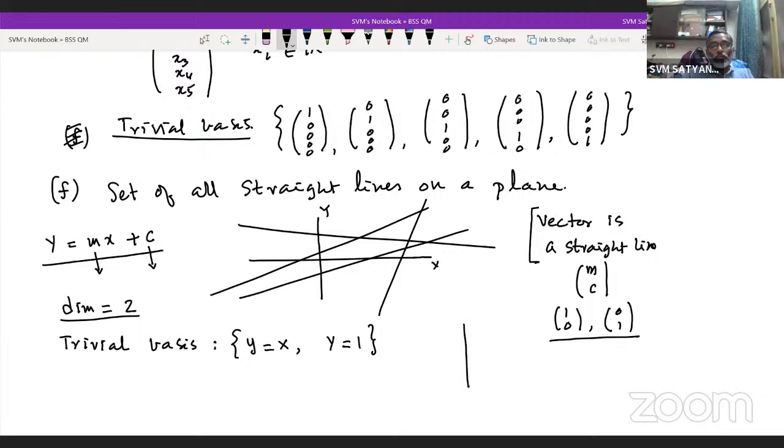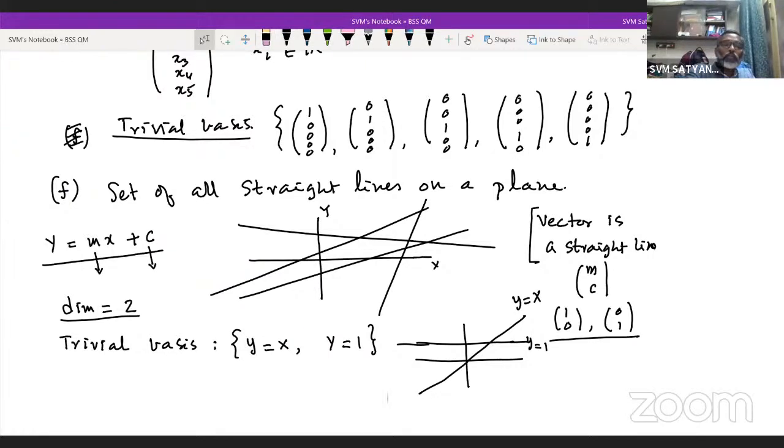If you have the xy plane, this is one line, y equal to 1, and this is another line, y is equal to x. So any other line can be written as some alpha times this and beta times that. Correct? So these are the 2 straight lines which can be considered as the trivial basis.